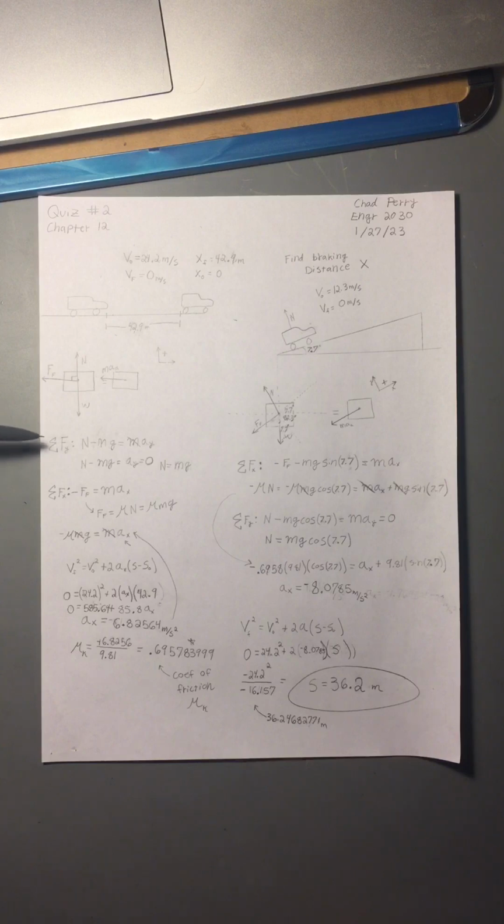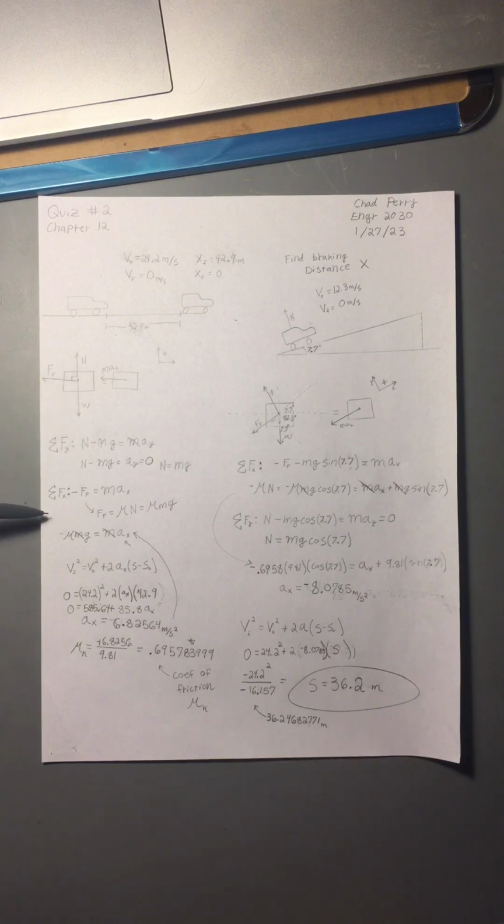And so the forces in the Y direction, the only forces we have are the normal force and the weight. And we know that the acceleration in the Y direction is 0 because the car is not moving in that direction. And so solving that, we can find out that the normal force of the car equals mg on the road.